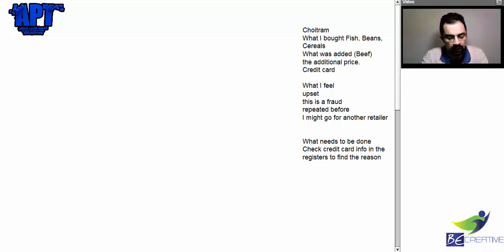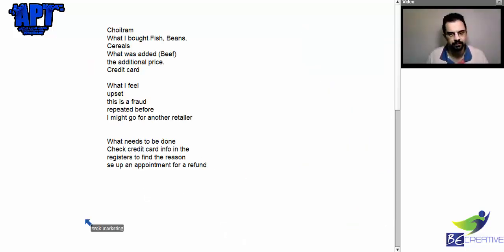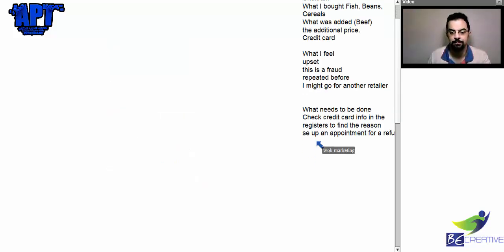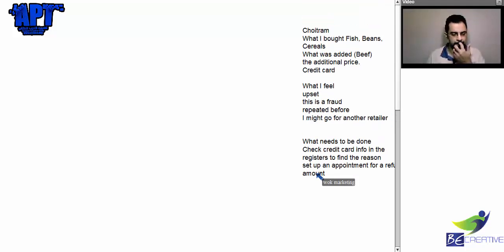And set up an appointment for a refund. Of course, you need to say some details about the refund. Say I'm coming to the supermarket maybe next Saturday to come for a refund, and I expect to have a refund of, not 50 pounds, 10 pounds for that additional beef.